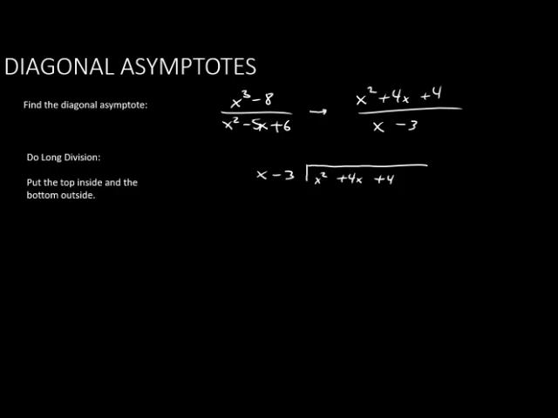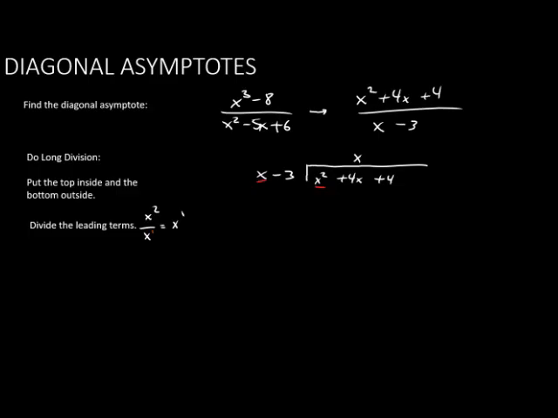To begin the long division, we'll look at the leading terms and divide them. This means we'll take x squared over x. If we take x squared divided by x, remember that x has an invisible 1, so we're taking a second power over a first power. This will give us x to the 2 minus 1 power, or first power. Again, we don't have to write the invisible 1, so I'll just write x here.